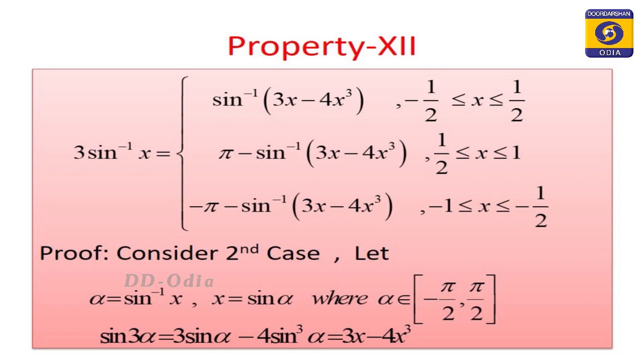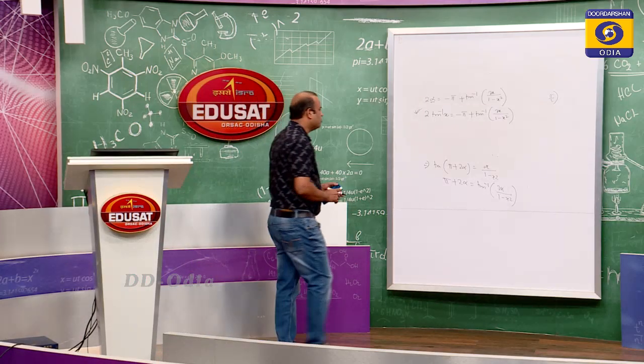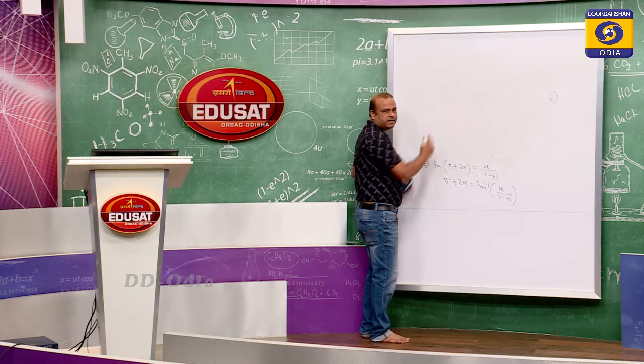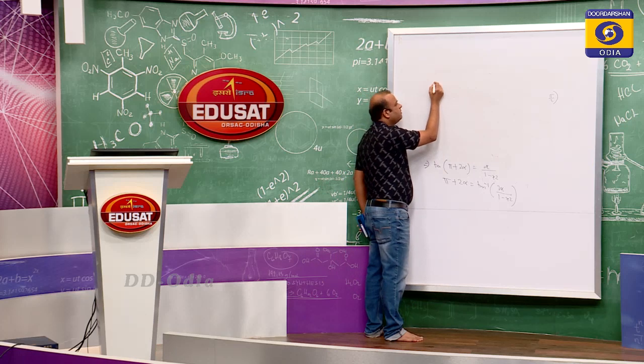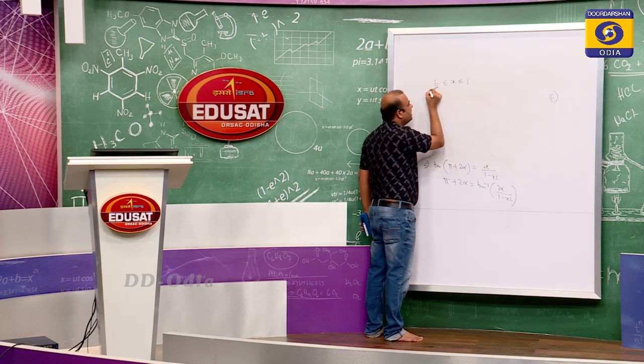So out of the 3 cases, I am proving by taking one case. Let us prove for one case, that is, suppose 1 by 2 less than or equal to x less than or equal to 1. So take the case when x lies between 1 by 2 and 1.